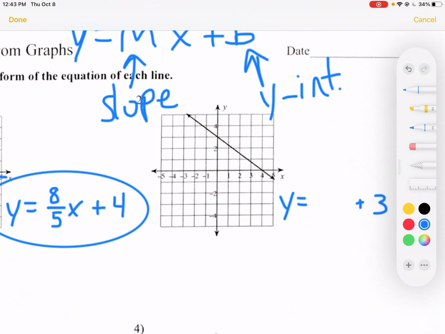So I'm at 3, and then from there I'm going maybe to the x-intercept of 4. And so I went down 3, so negative 3, and then I went right 4. So I'm going to say my slope is what? Negative 3 rise over a run of 4.